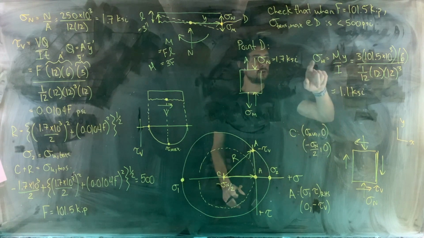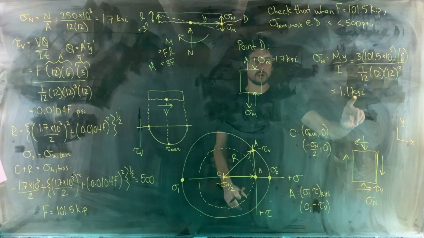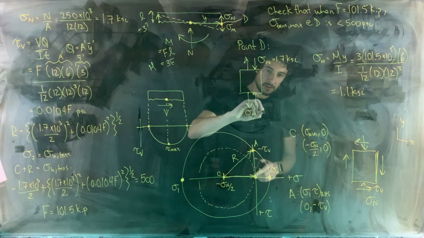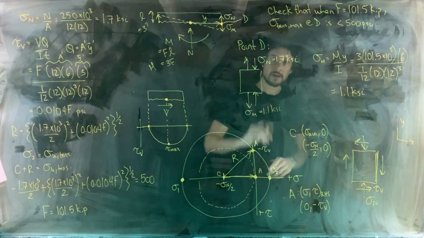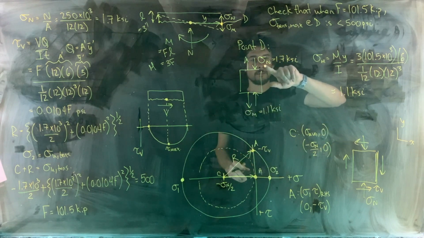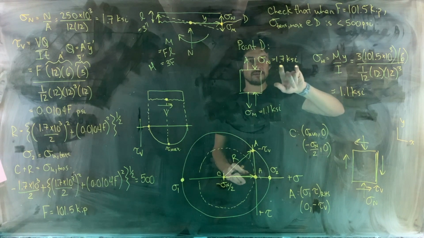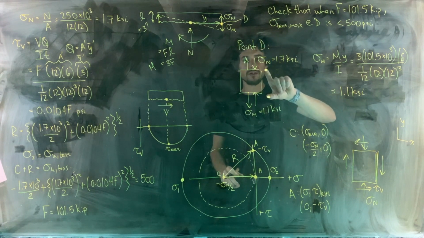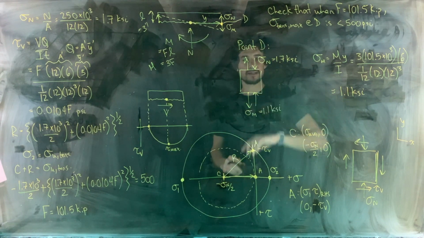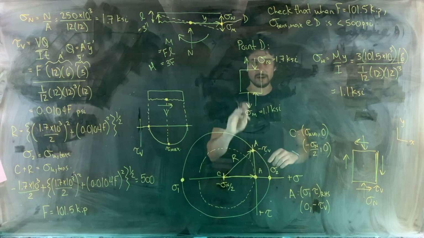Okay, so with the normal stress due to bending being 1.1 ksi, and the compressive normal stress being 1.7 ksi, the net between those is 600 psi compression, okay?